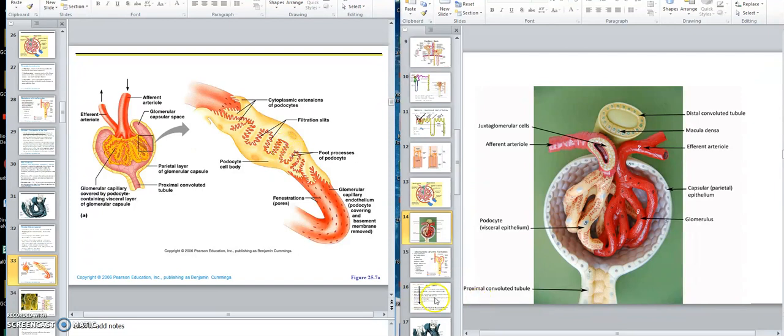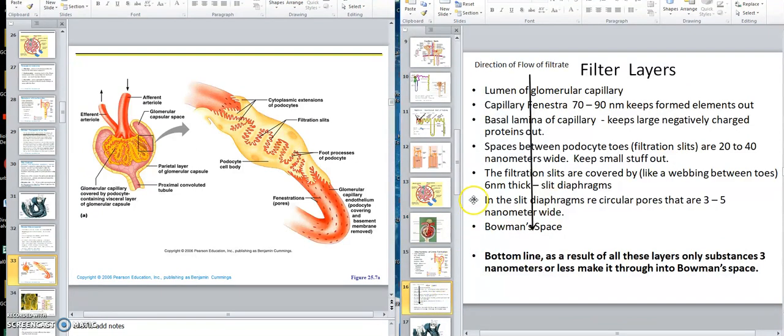When you see that, the spaces between the podocyte toes, since they call them foot cells, are called the filtration slits. They're about 20 to 40 nanometers wide, and therefore they keep some of the smaller stuff out.